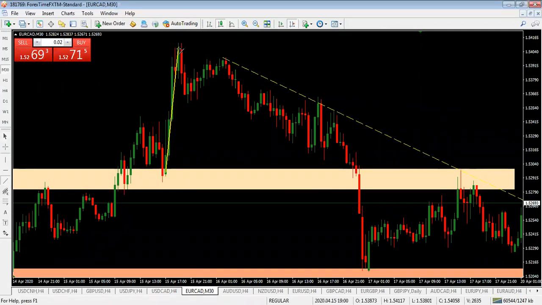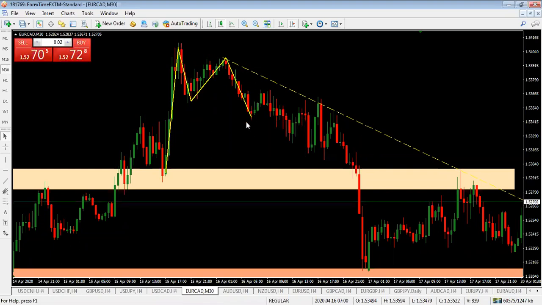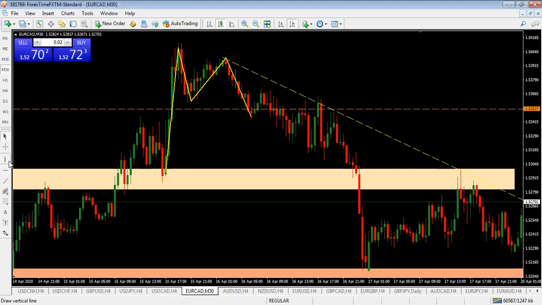What I did here on a Friday was identify the running flat here. At this point, where I assume to be the running flat, and when I got this filling candle here, I hopped into the trade. And at this point was where I wanted to place my stop loss.